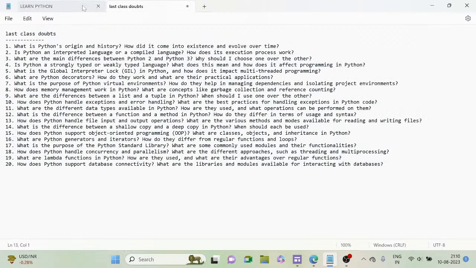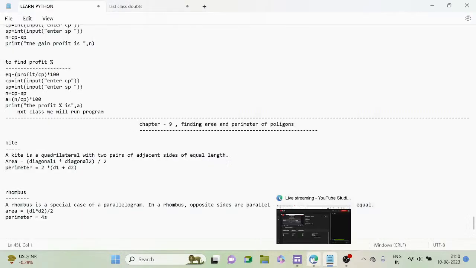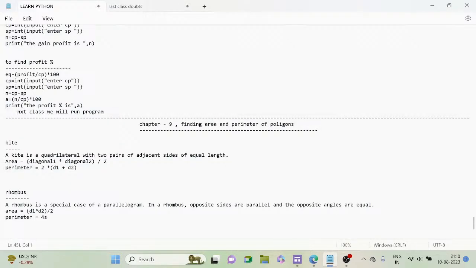This time only some standard doubts will be discussed, because doubts which the teacher feels are common, that everyone will benefit from, we will solve in class.